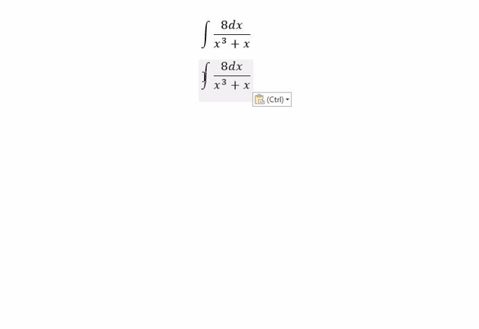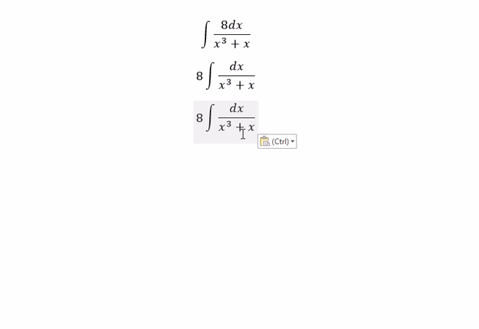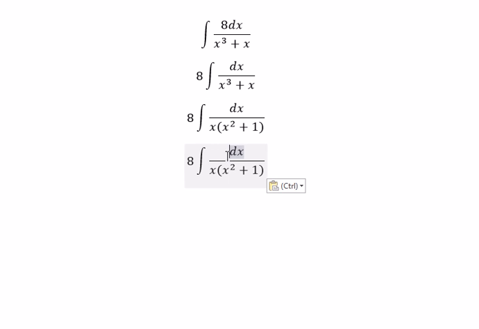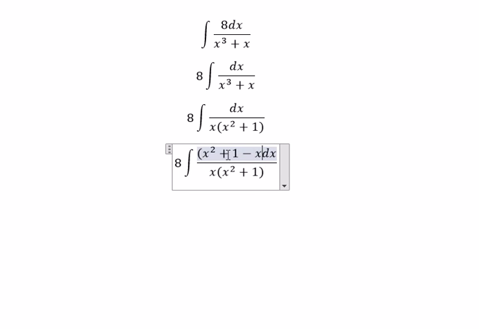We put the number a outside. Next, this one we can put about s multiplied with s squared plus 1. Next, on numerator we can put about s squared plus 1 minus s squared.